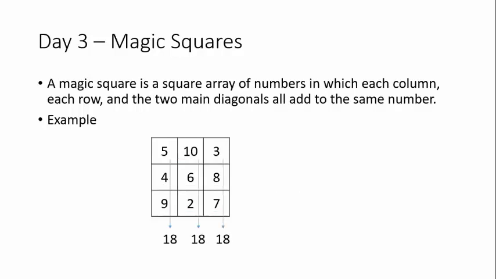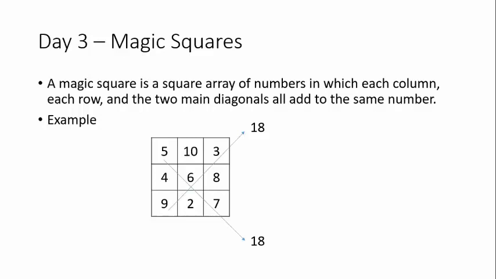We also look at the column totals and also notice that each of the columns has a sum of 18. And then we also have the diagonals of the square, and they also have a sum of 18.